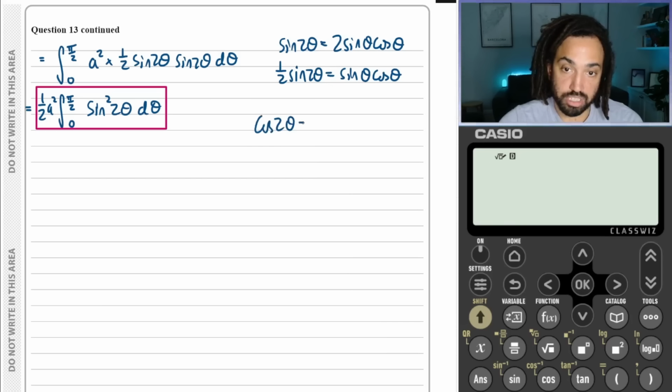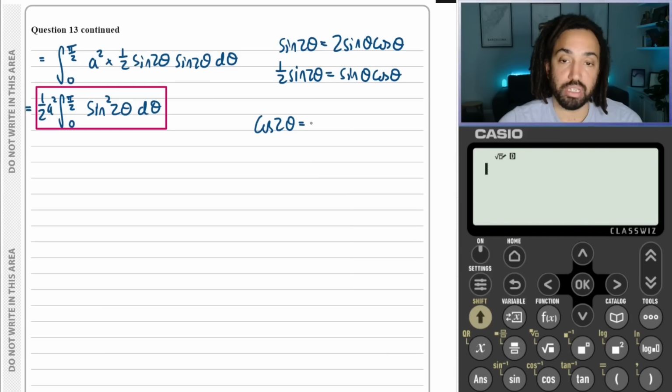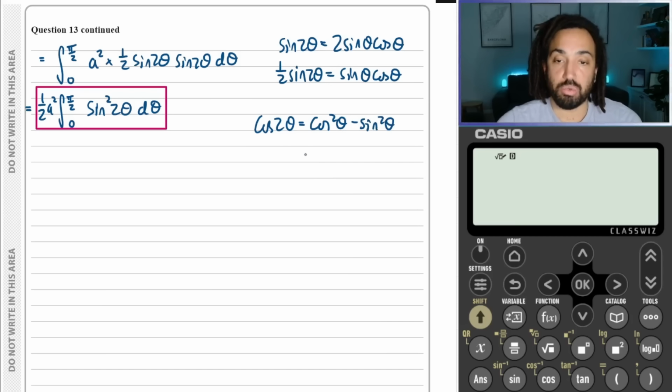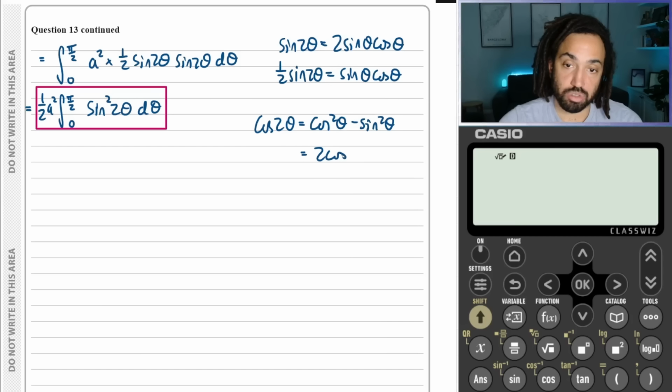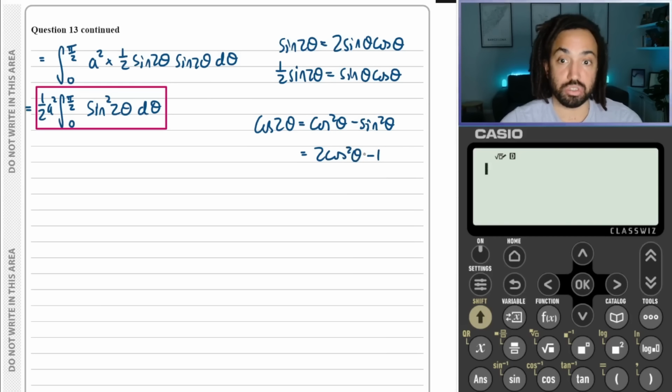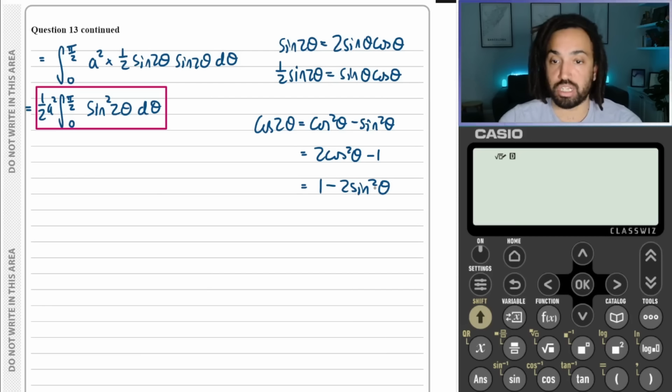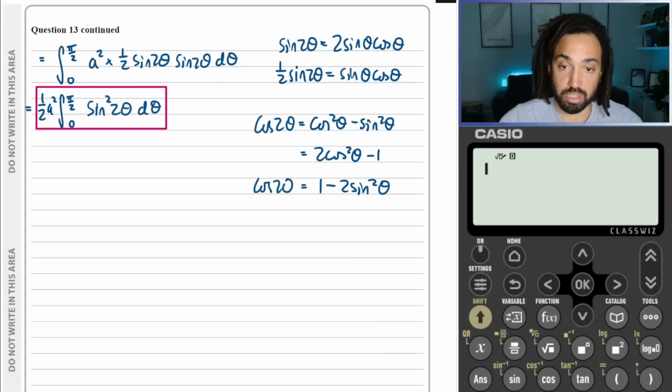Because cos 2 theta, as we know, is equal to quite a lot of things. It's equal to cos squared theta minus sine squared theta. Or you can rewrite that as 2 cos squared theta minus 1. Or you can rewrite that as 1 minus 2 sine squared theta. So this is the one we're going to use.